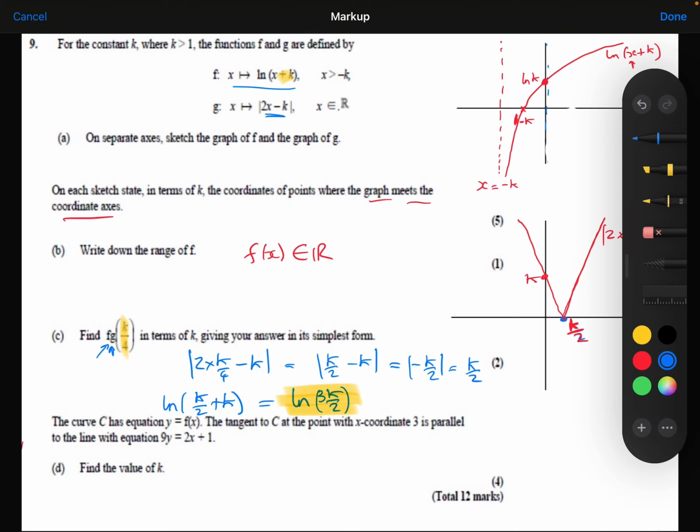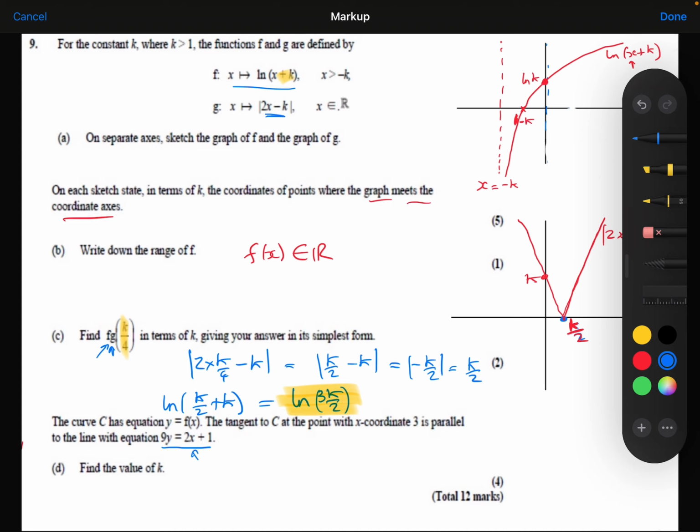Then for part D, the curve C has the equation y equals f of x. The tangent to C at the point with x coordinate 3 is parallel to the line with the equation 9y equals 2x plus 1. Right, so if it's parallel to this, it has the same gradient.